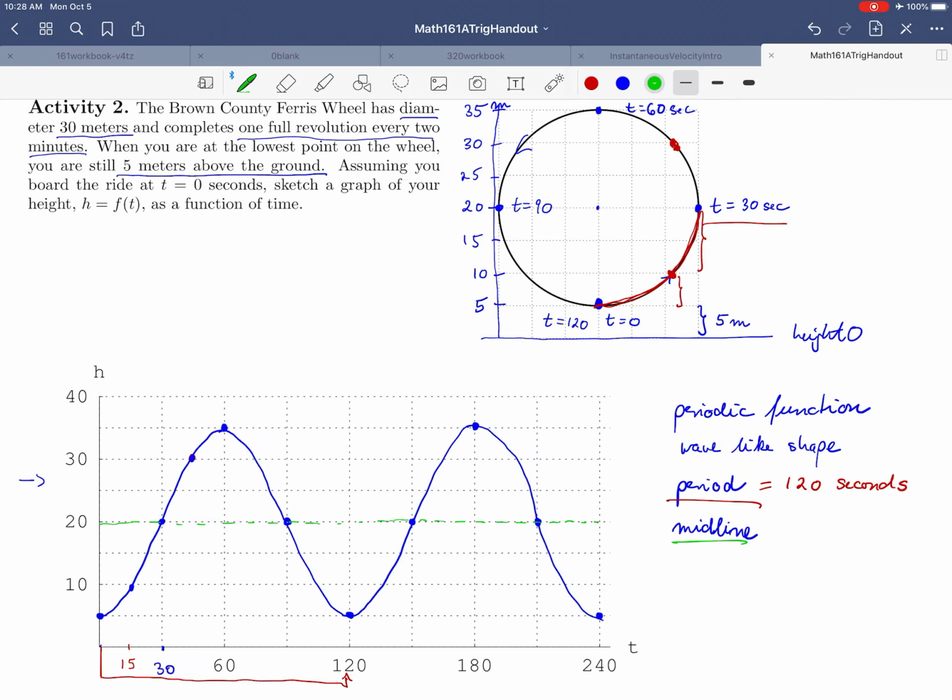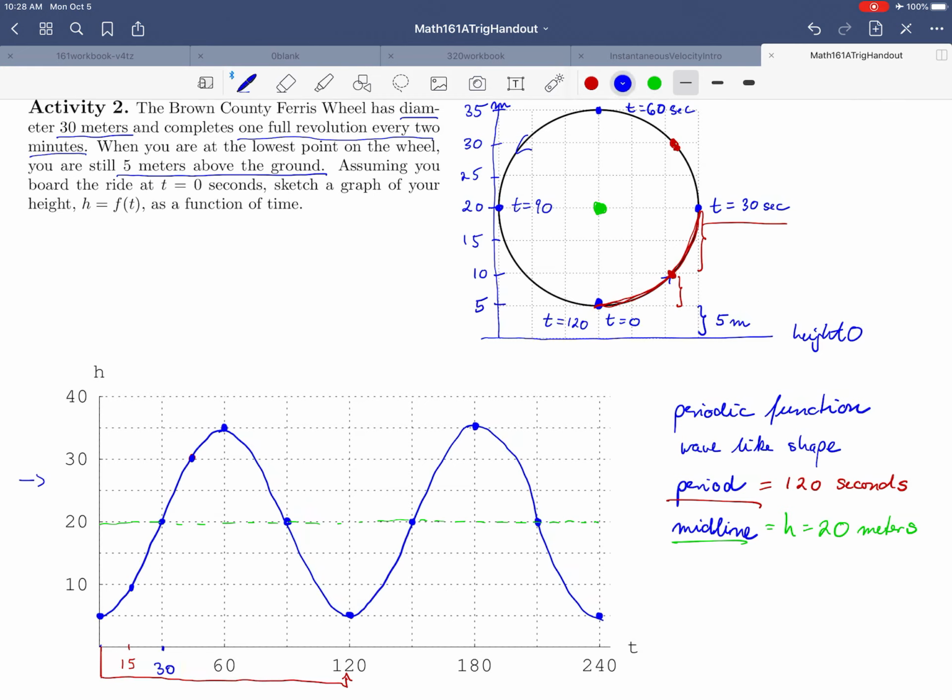And in our case, the meaning of this midline is actually the location of the center of our Ferris wheel. That central point is 20 meters above the ground, and as you're riding around the Ferris wheel, you will sometimes be above 20 meters and sometimes below 20 meters. So in our case, the midline is a height, and it's 20 meters.